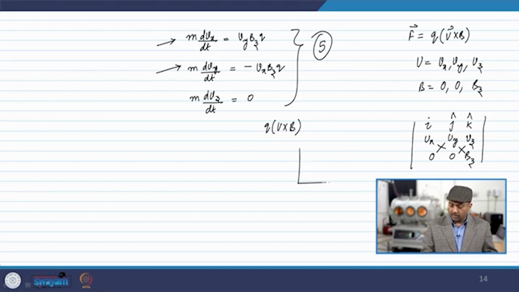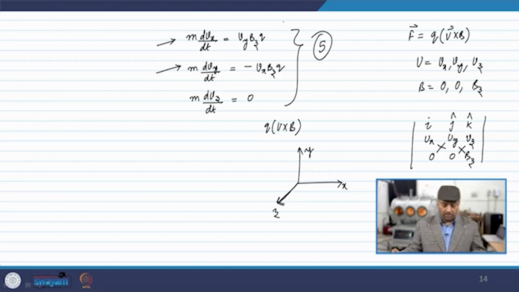So, if you have x, y and z, the particle velocity will remain a constant along this direction, but it will not remain a constant along x and y. How will it change? It will change by these factors. m dvx by dt is equal to vy Bz q minus vx Bz q.